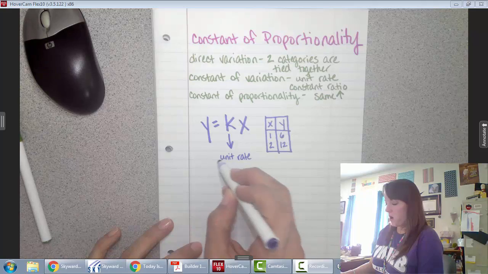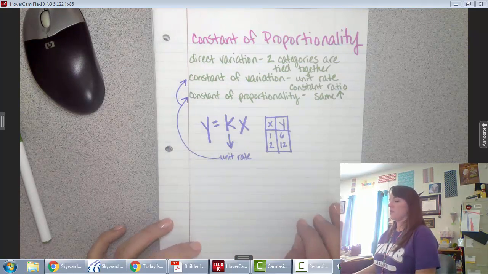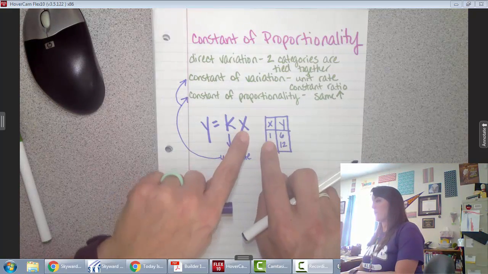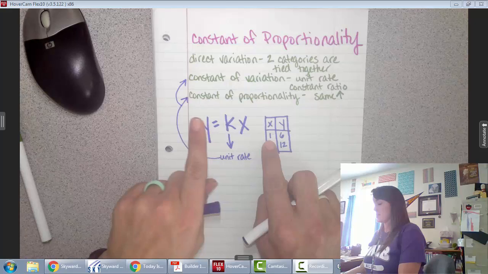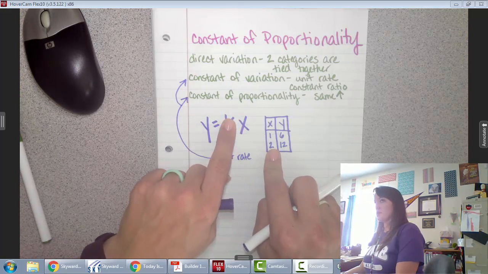It's all the same. So if you take your x and you put it right here, if you do 1 times 6, you get 6. If you do 2 times 6, you get 12.